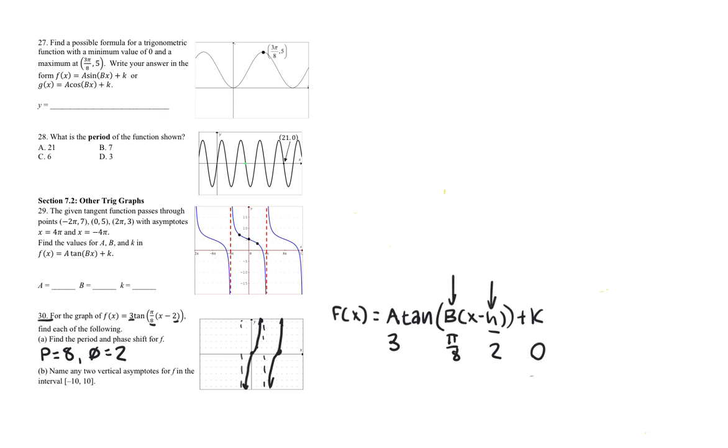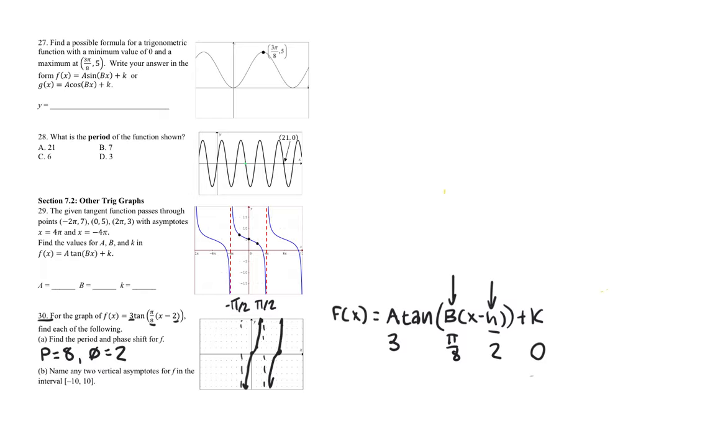So applying this b value, or our period here, we know that our period is 8. So instead of having a period of pi, our period is now 8. So if these asymptotes were at pi over 2 and negative pi over 2, they would instead be at 4 and -4.